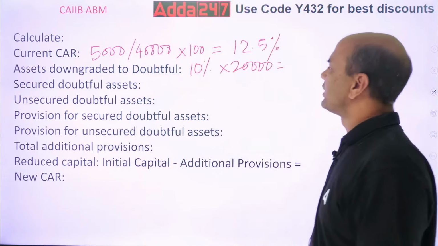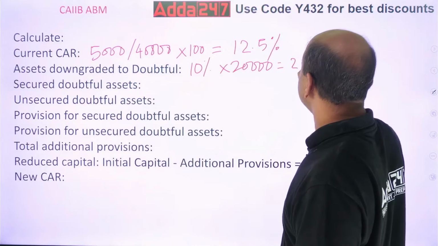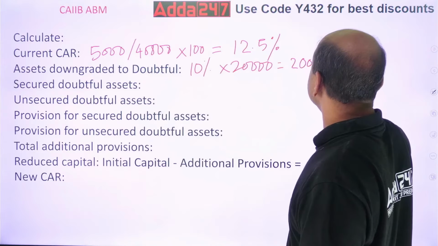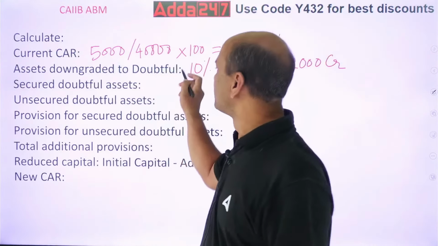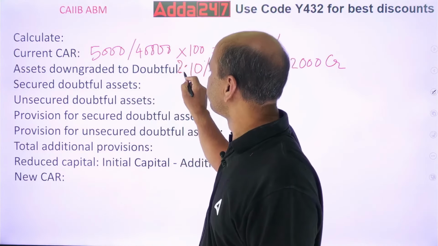So 10% into 20,000 is 2,000 CR. This much is downgraded to doubtful 2.